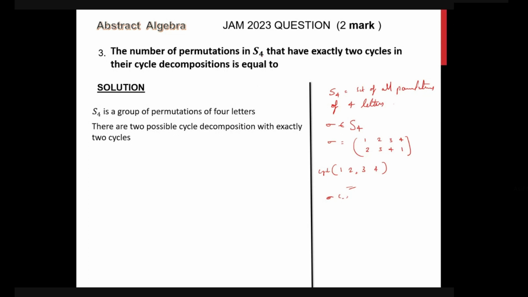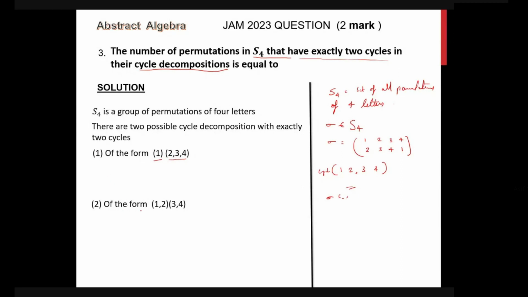So now our question is, how many permutations in S4 have exactly 2 cycles in their cycle decomposition. So there are only 2 possibilities. One is of the form 1 cycle and 3 cycle. So this is total 4 letters.